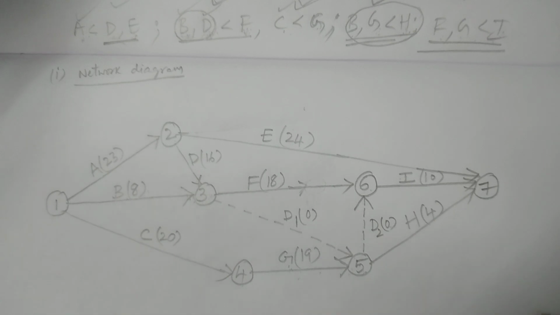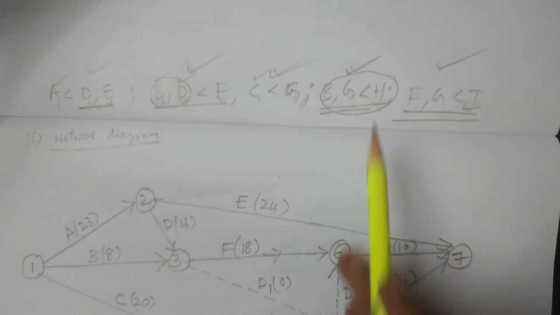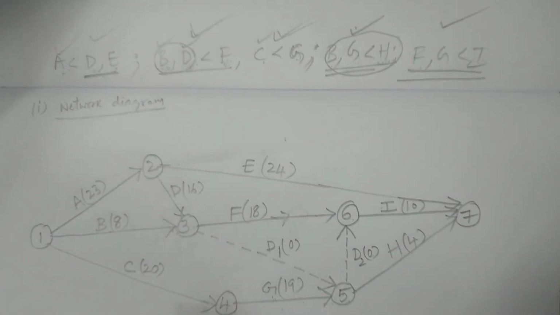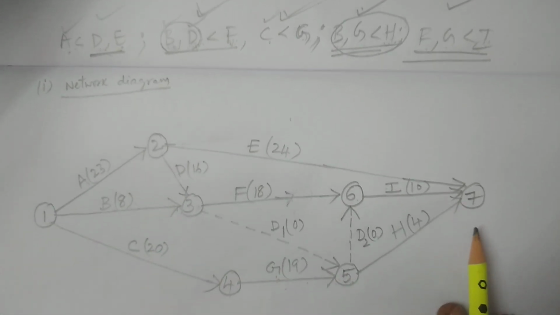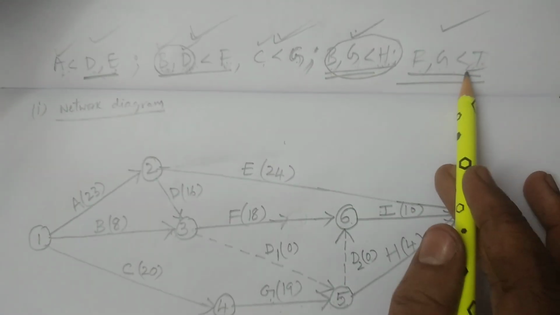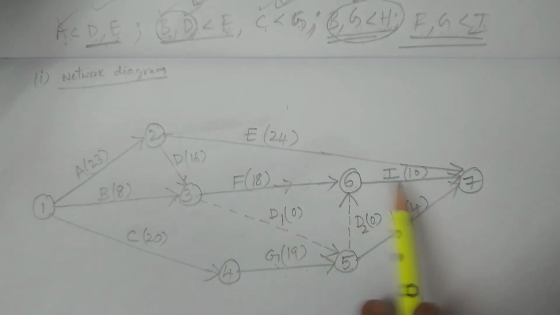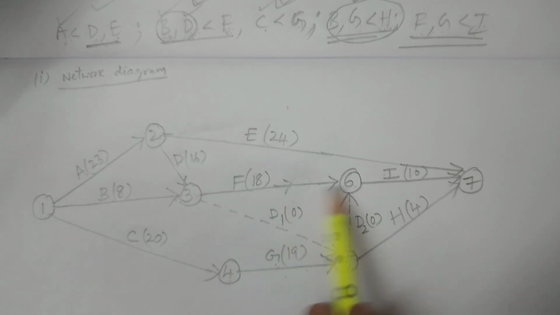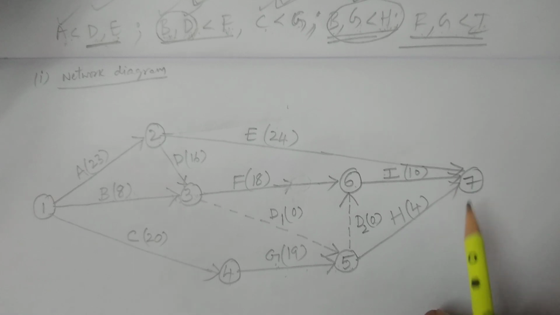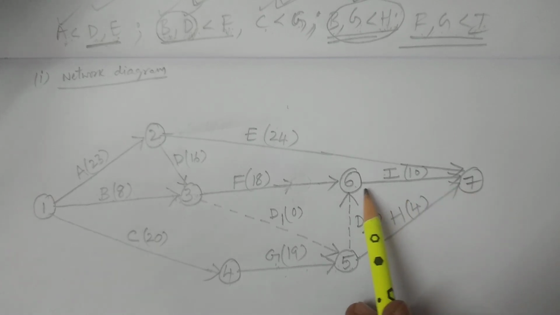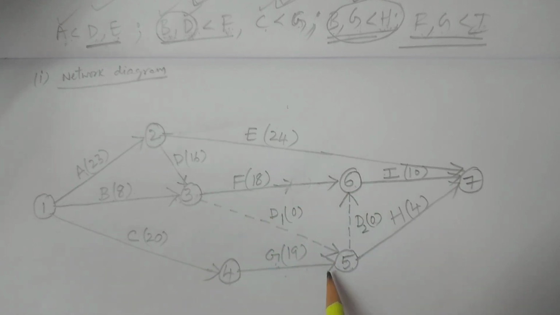After C we have G. And B, G less than H. Just now I have discussed, this is B and a dummy activity, and this is G, and before H, these two are completed, B and G. And then F, G less than I. This is F, after this we have I, and this is G and a dummy activity, and after that we have I. So I is started after G and F activities are completed.